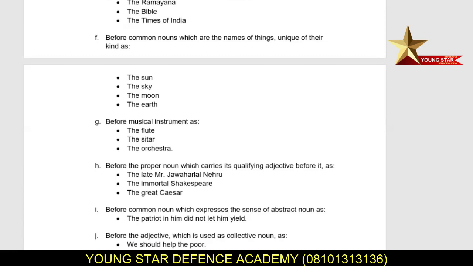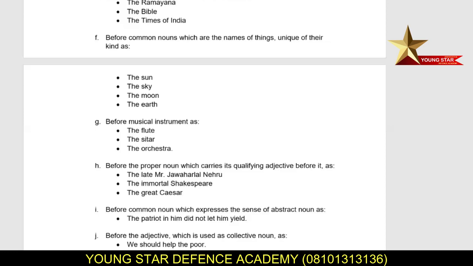Okay, further, we'll just revise this thing that we use "a" before the words that start with a consonant sound, and "an" before the words that start with a vowel sound. Other letters can also be pronounced either way.